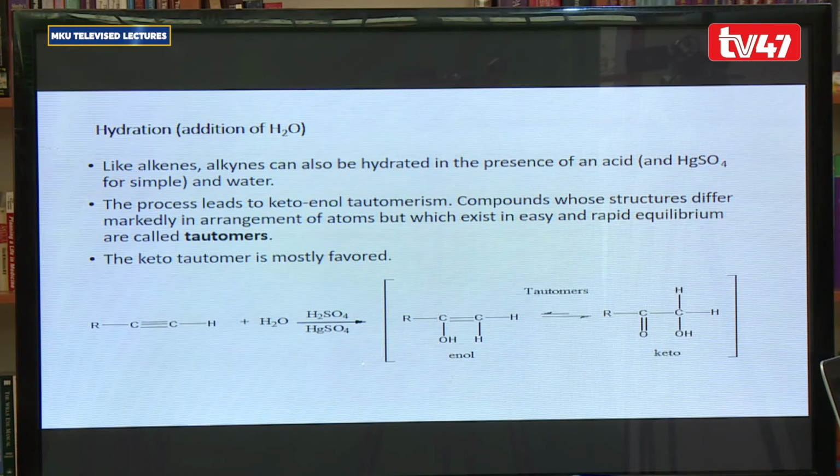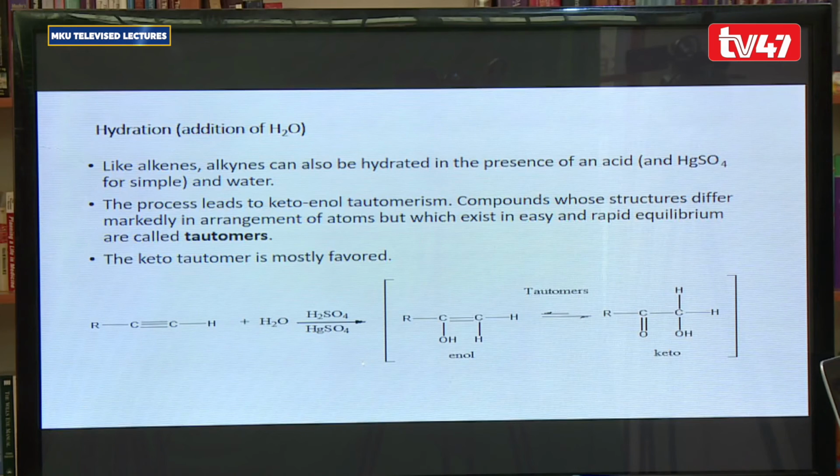And the result is that the water molecule acts as if it is a Bronsted-Lowry acid, so that the hydrogen adds to one of the carbons of the triple bond, and the OH group adds to the other. An OH group attached to an organic molecule results in formation of an alcohol. So the resulting molecule is an alkene alcohol, what we call an enol.